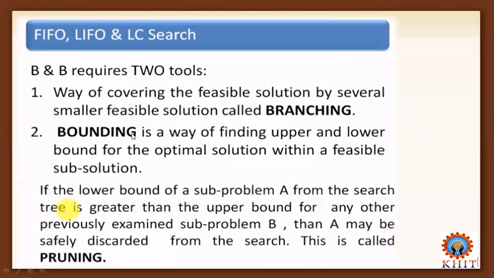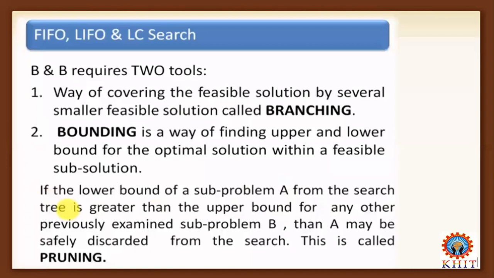Bounding means there is a region or boundary for each and every solution. For each generated solution, there is an upper bound and a lower bound. If you want the desired solution, the solution range must be in between the lower bound and the upper bound.